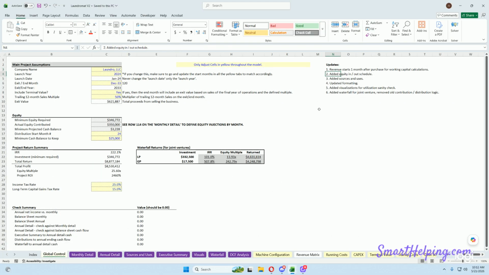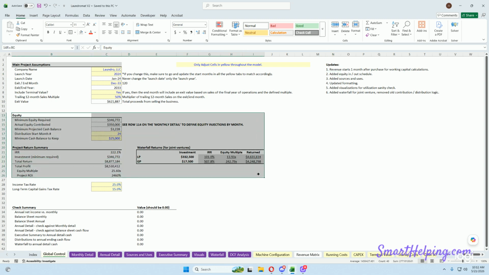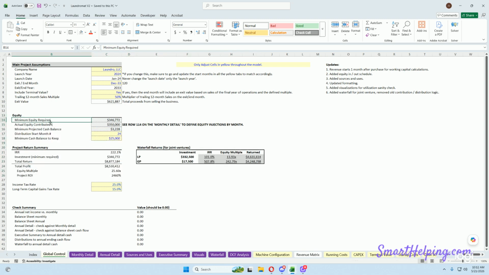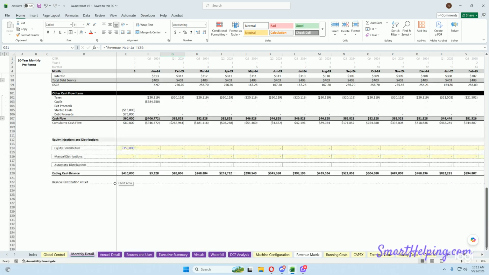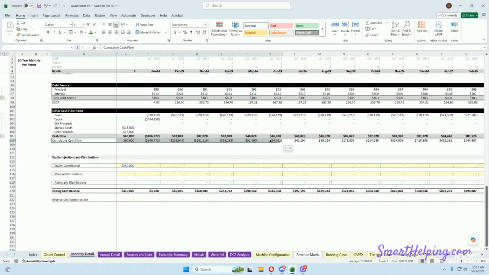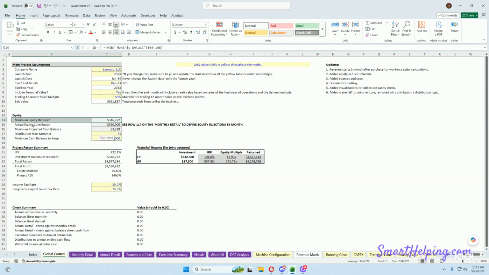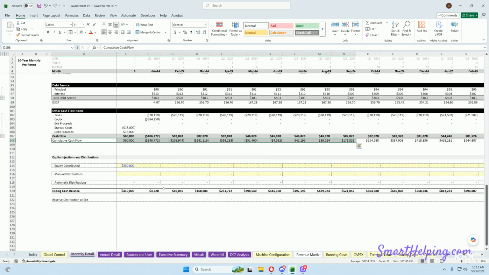The equity in and out schedule. We updated this whole section here, it is new. So we have a minimum equity required, which is still the minimum cash position that the project gets after accounting for all cash flow items. So it's the minimum of this row. But we now have an actual equity contributed amount where you're going to manually input this equity contributed here.